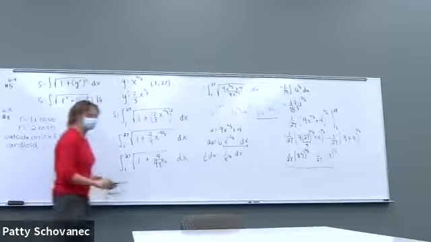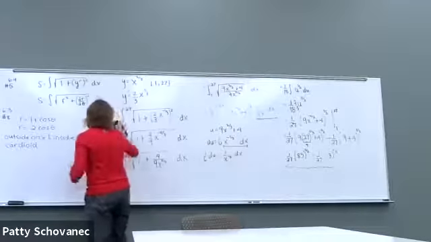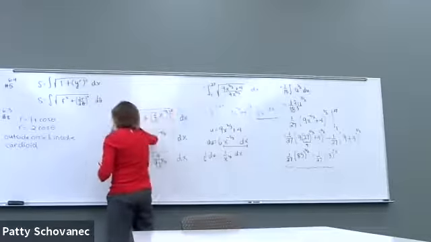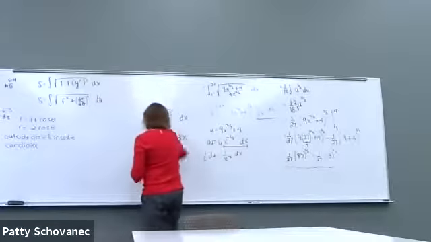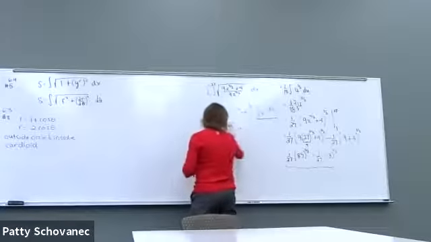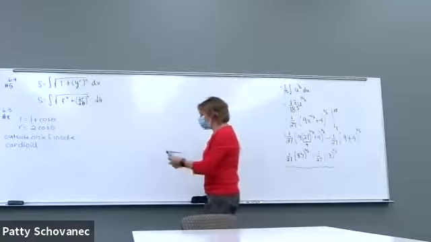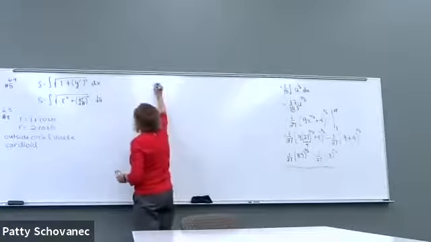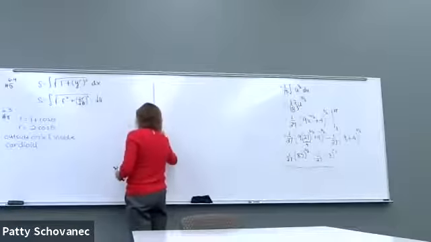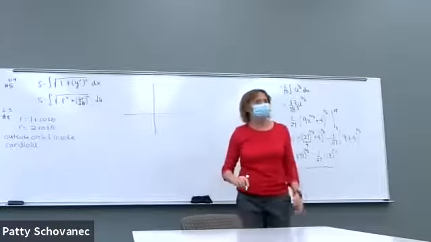Okay, so let's get a quick picture. Let's see, r is equal to 1 plus the cosine of theta. We can get a quick graph just by plotting the angles that correspond to the coordinate axes.